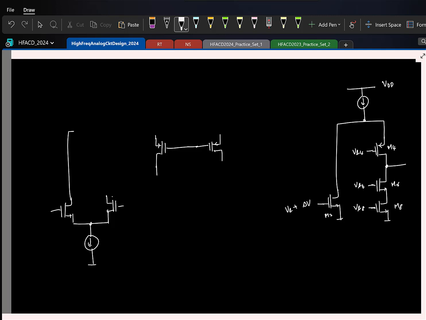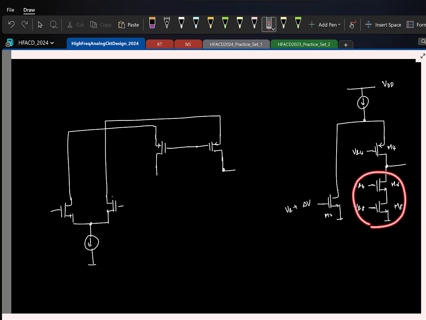So basically, let's say one of them feeds here. And the output is taken from one side. Let us say the output is taken from here. And at the bottom I have a cascode current source. So I'll put a cascode current source here.